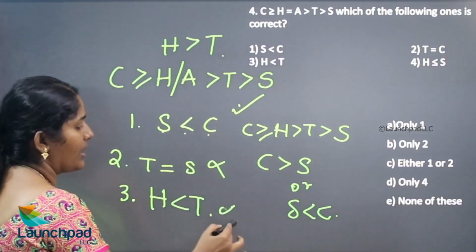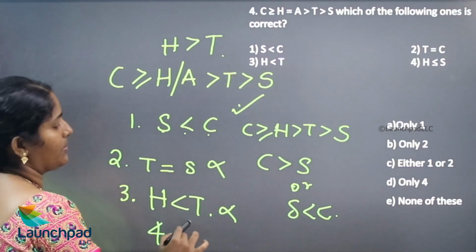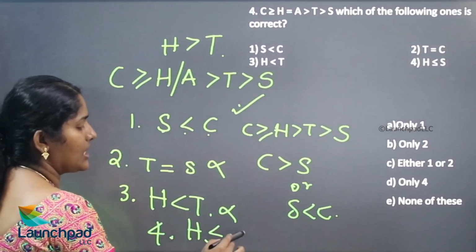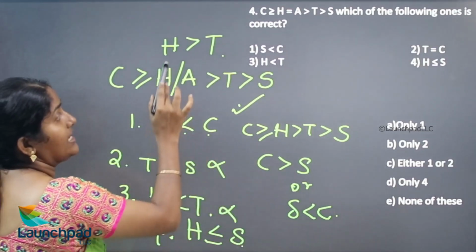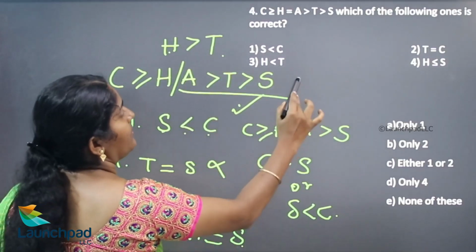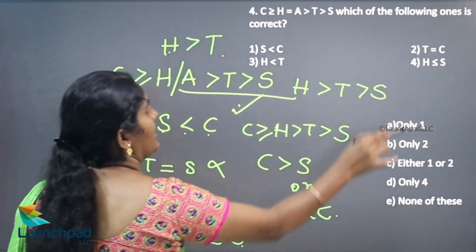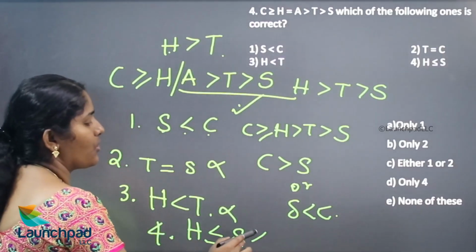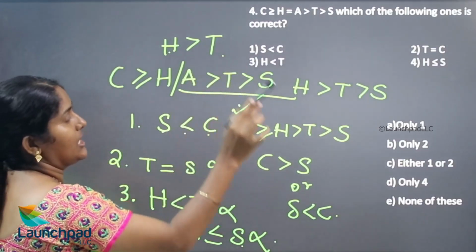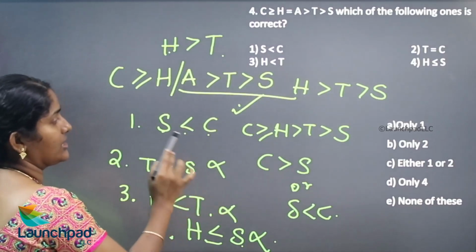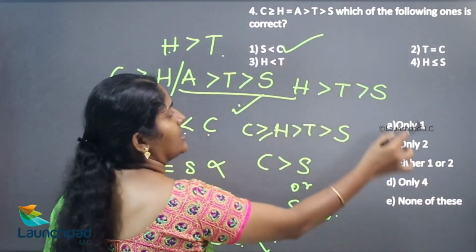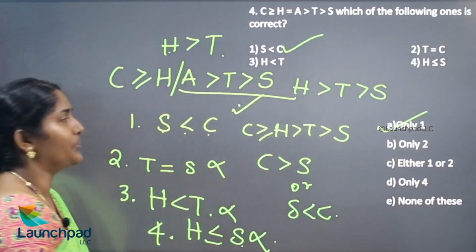It is wrong. What is your fourth conclusion? H is less than or equal to S. While solving, H is greater than T, T is greater than S. So hence it is wrong. According to these equations, the correct one is the first conclusion. Only one is true.